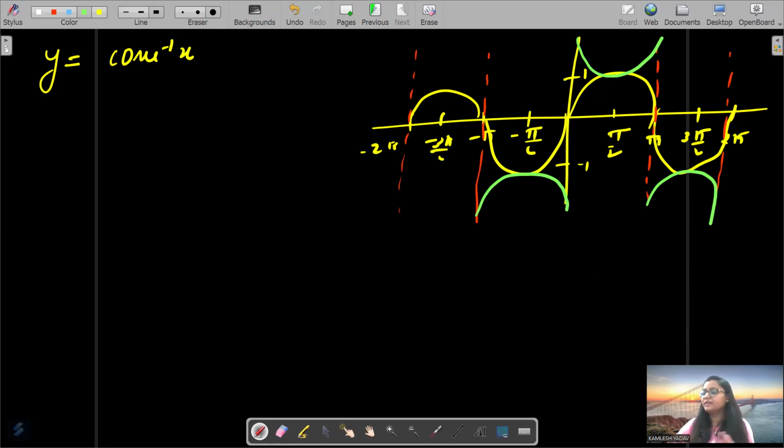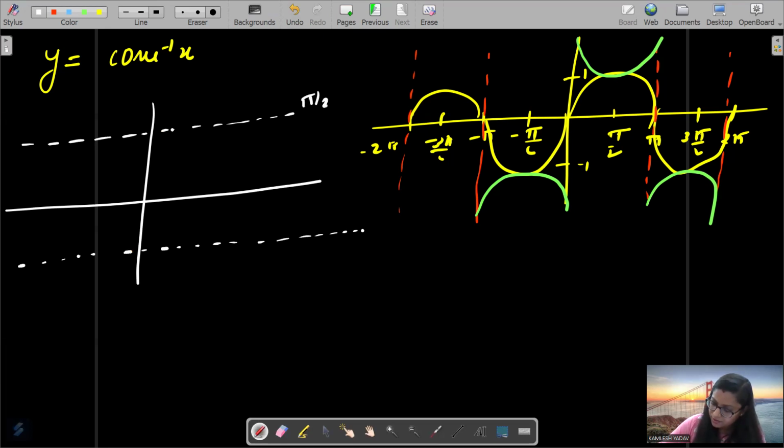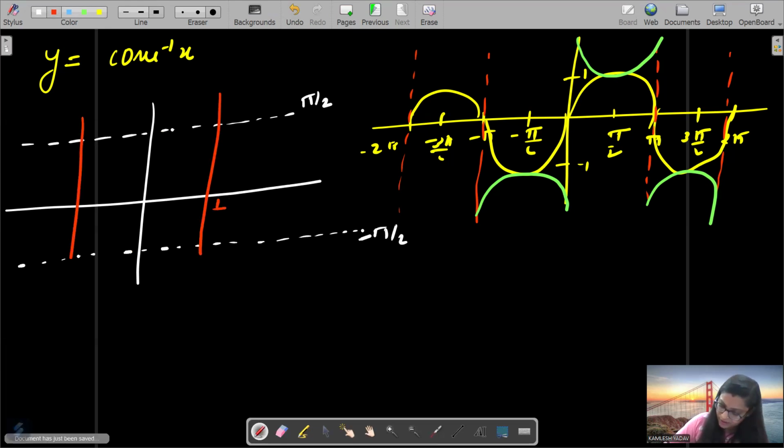Now we draw the mirror image of this graph, that is, the graph of cosec inverse x. So let us start. This is the point pi by 2 and minus pi by 2. And mention this point here: this is 1 and this is minus 1. Now we draw the mirror image.